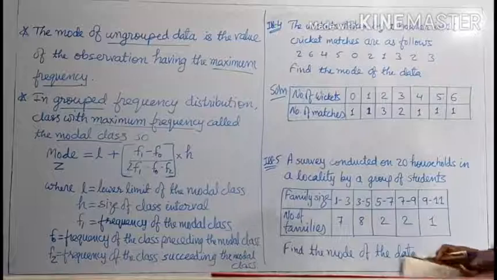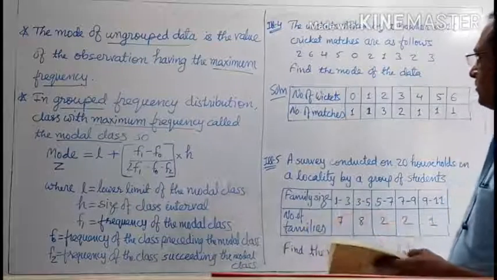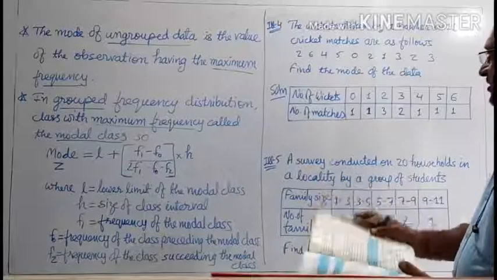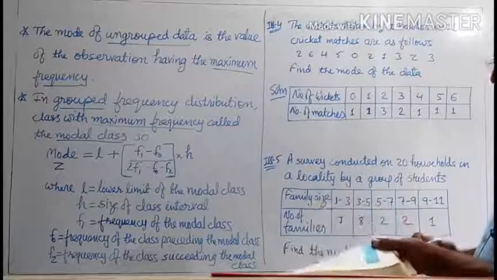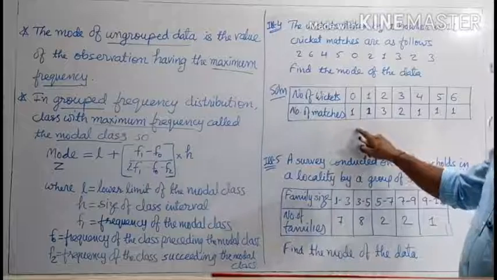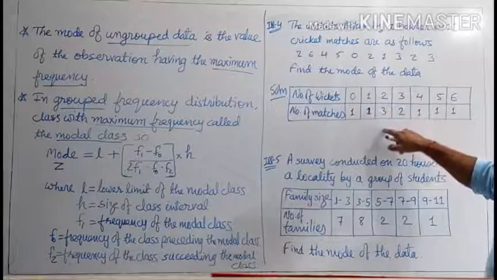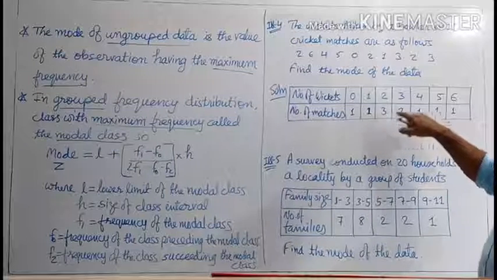So here various wickets were taken: 0, 1, 2, 3, 4, 5 and 6 wickets in different numbers of matches. You see, in one match 0 wickets, in one match 1 wicket, in 3 matches 2 wickets.